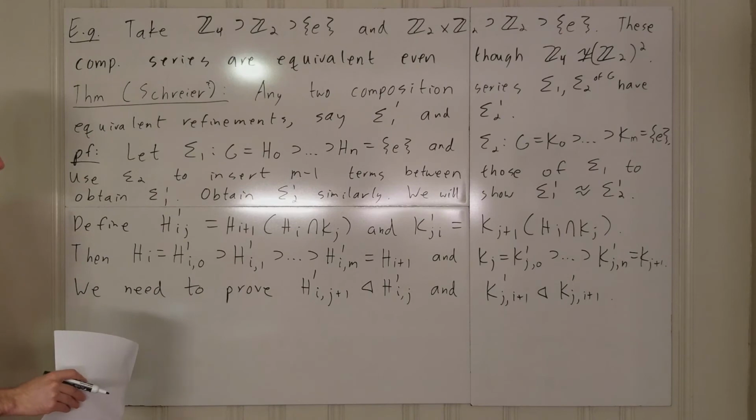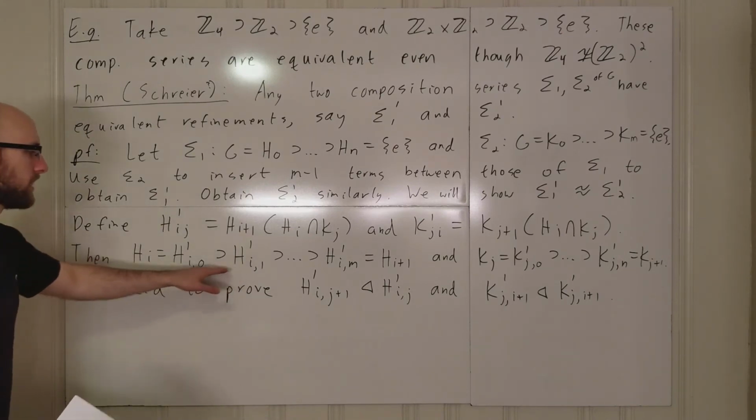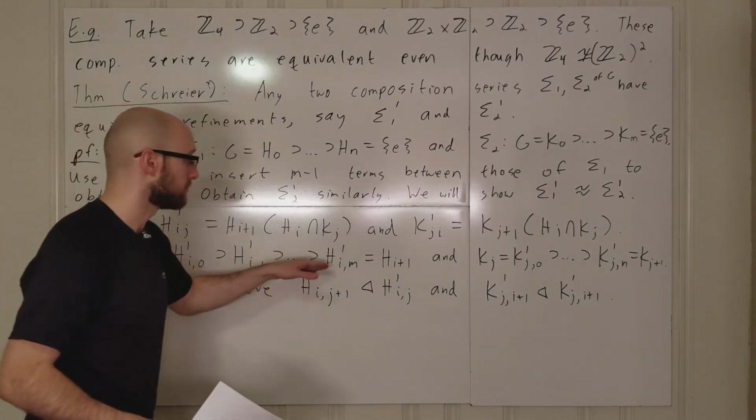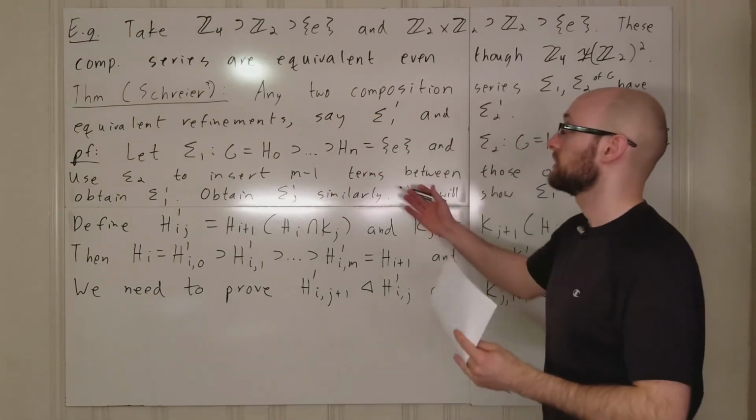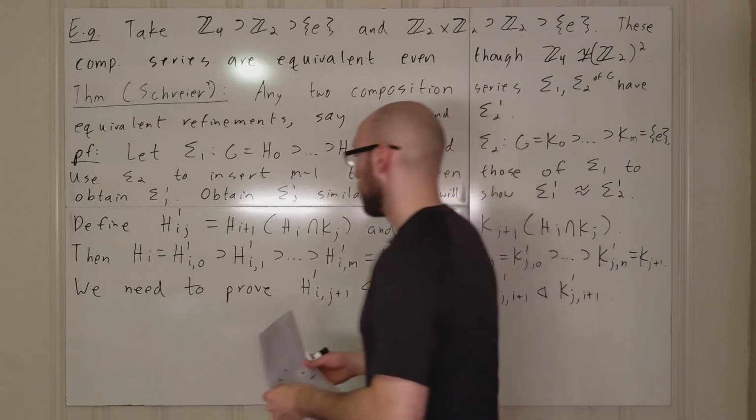Okay, and why is this? That's exactly what we need to prove, that these containments are actually normal, because we need all of these containments to be normal in order for this to be a composition series.